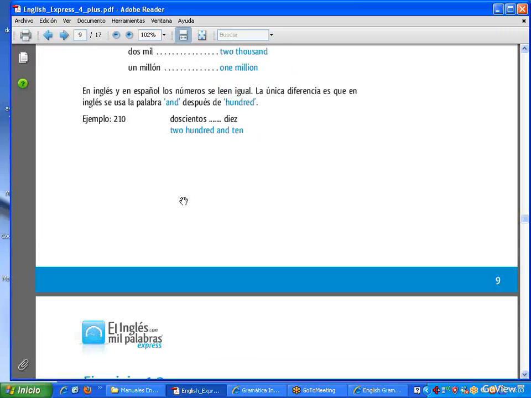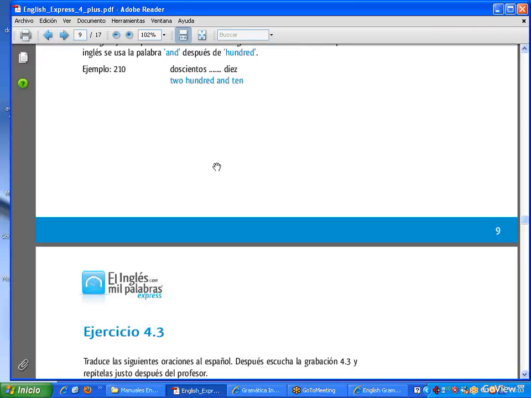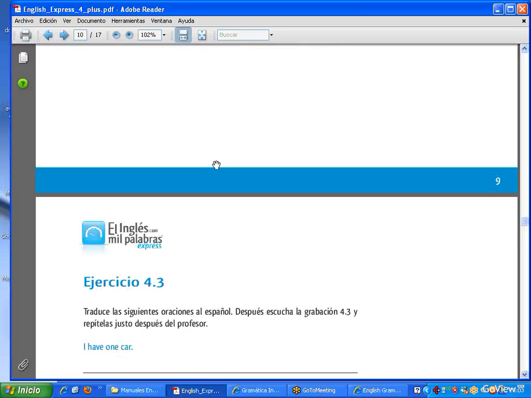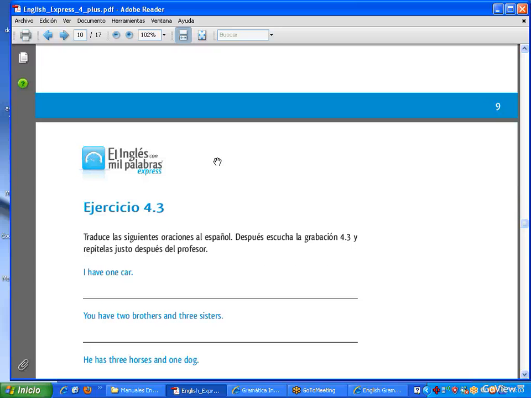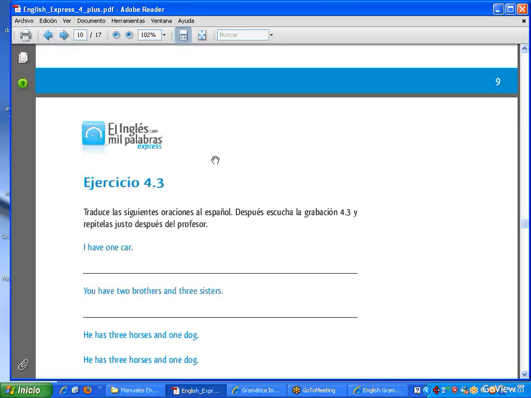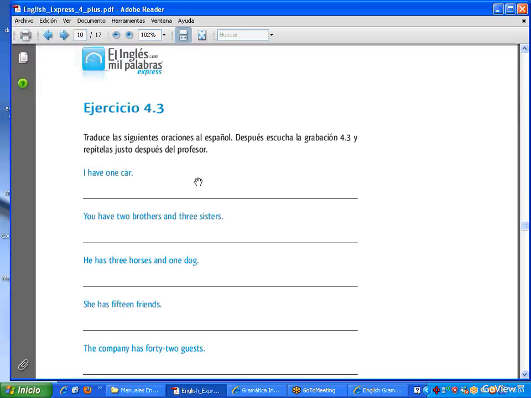In this exercise, you're going to translate the following sentences to Spanish. So you say, I have one car. Yo tengo un coche. Okay? Or you have 2 brothers and 3 sisters.